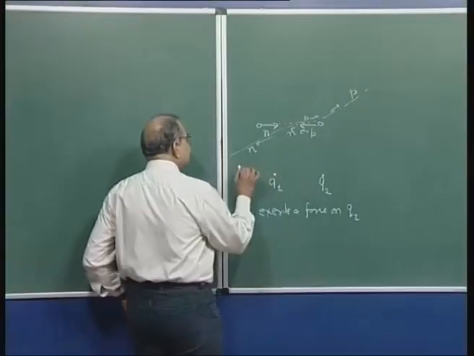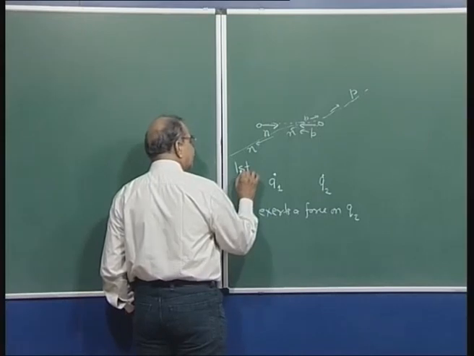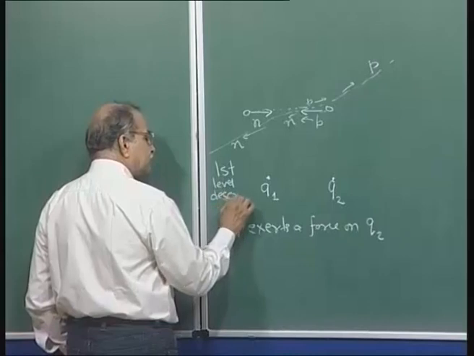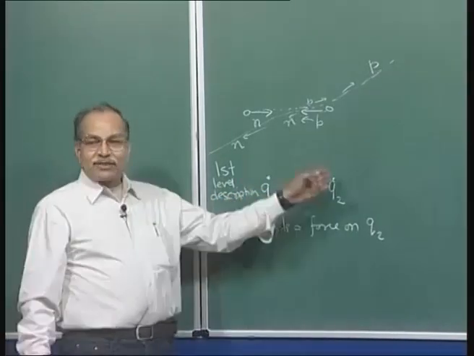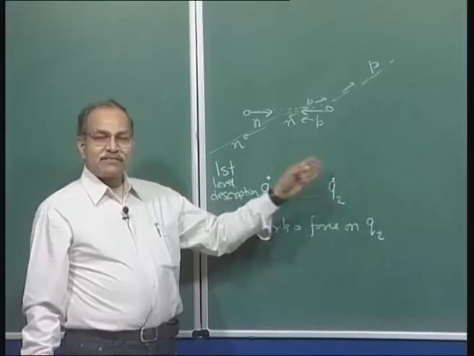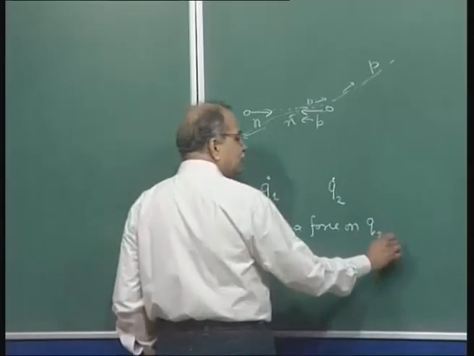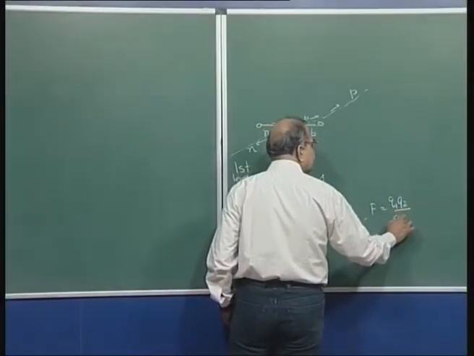So, this is our first level description, where we say that q1 exerts a force on q2, q2 exerts a force on q1, and the magnitude of the force is q1 q2 by 4 pi epsilon naught r square and so on.